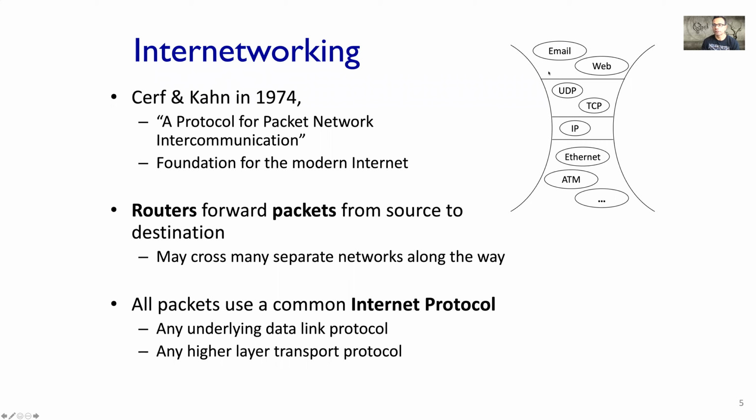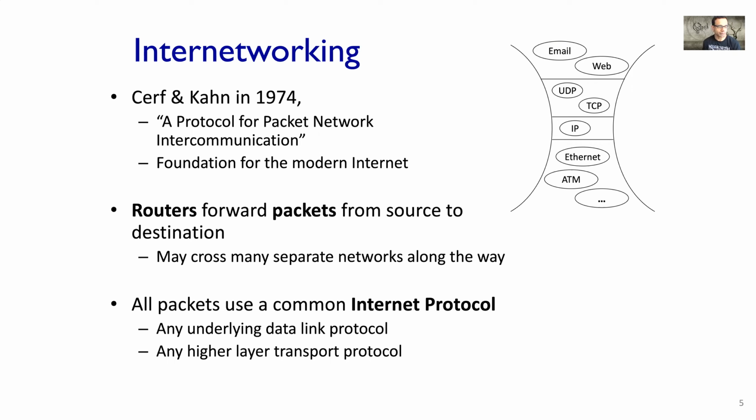So you may recall this hourglass structure of the protocol stack, and how there's essentially just one network layer protocol, IP, which essentially glues the internet together. And an important actor at the network layer is essentially these packet switches called routers, which are responsible for forwarding packets.